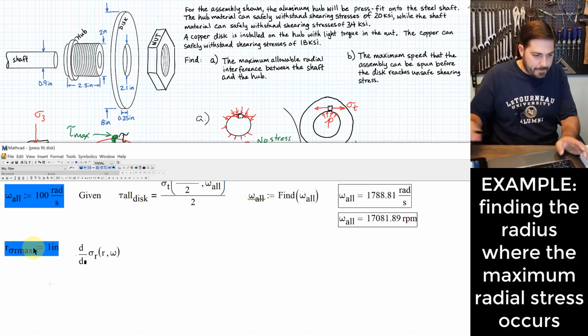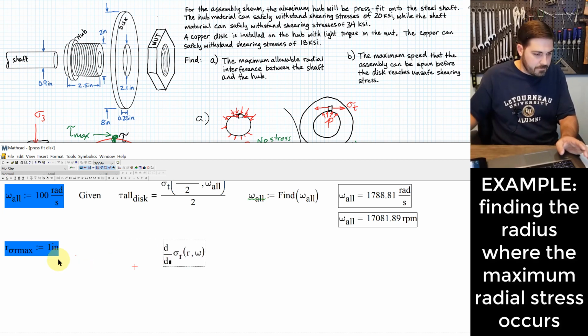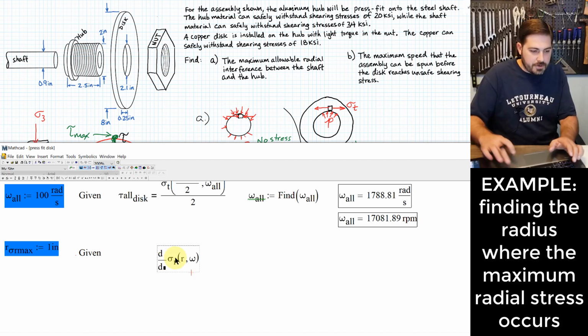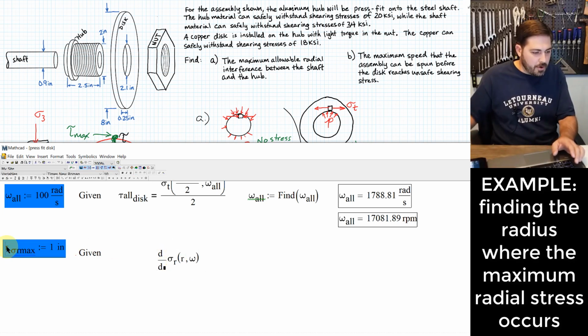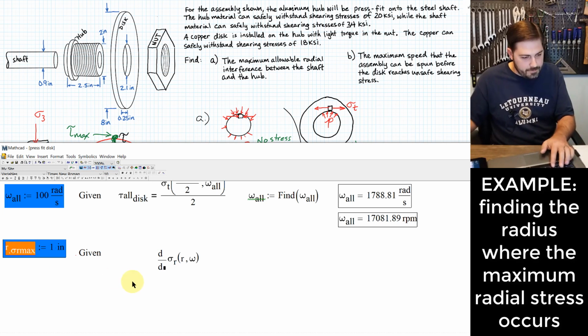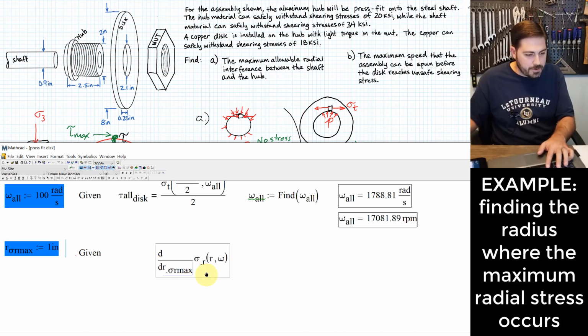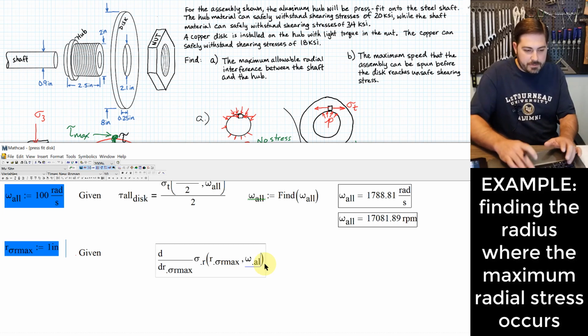I'm going to type the word given. Then I need to make sure that for this function, I'm using this same r variable. So I'm going to copy it and put it right here, and also right here. We're going to solve this for where this speed is the maximum also.